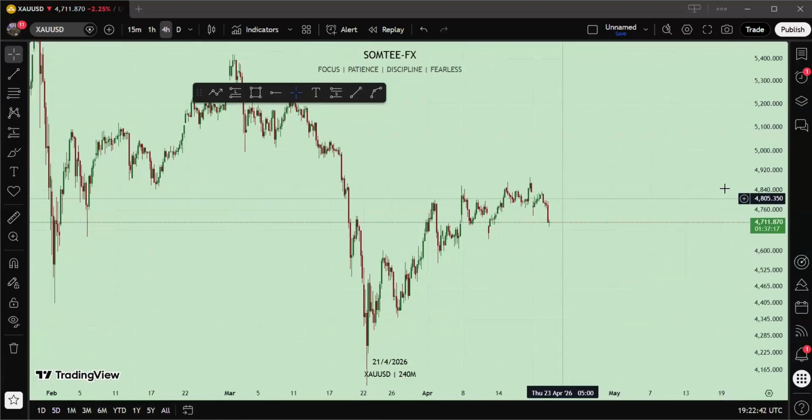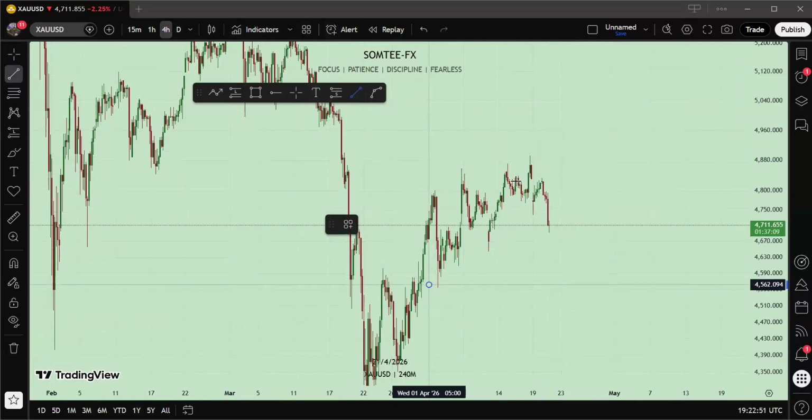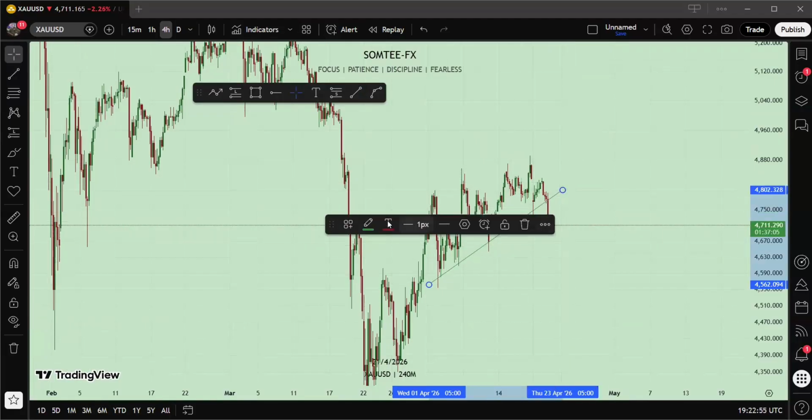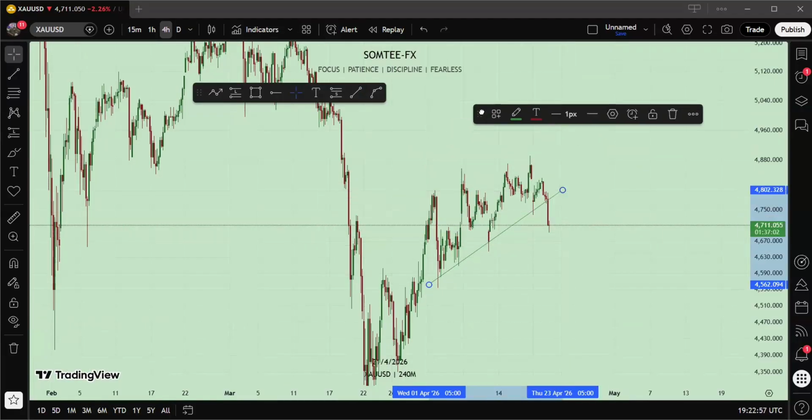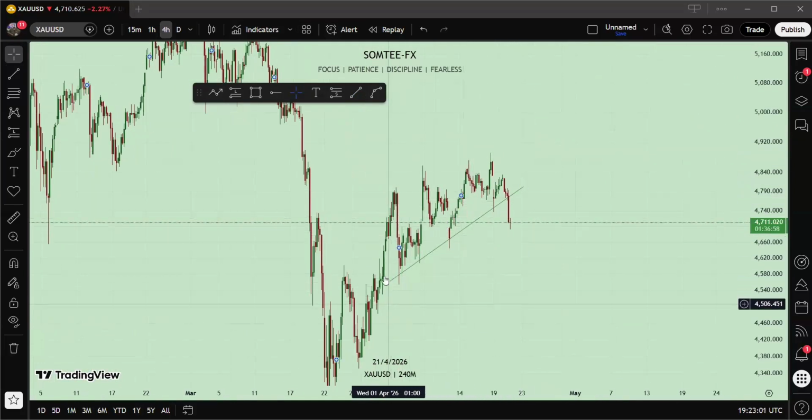Like here now, if you do not use price action, you came here and probably map out this particular thing this way. Here, it is creating higher highs, higher lows, higher highs, higher lows.